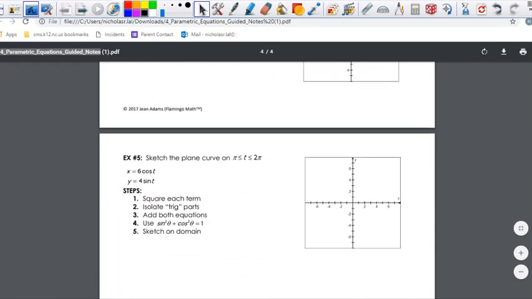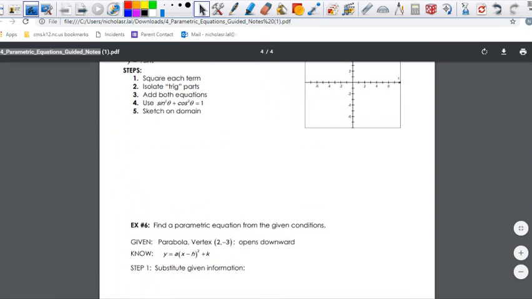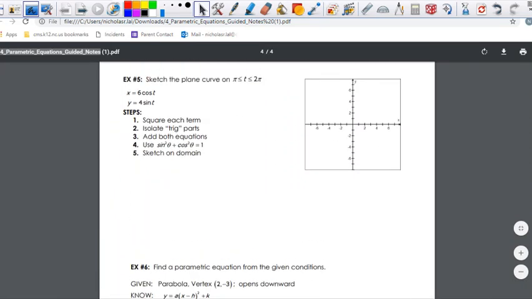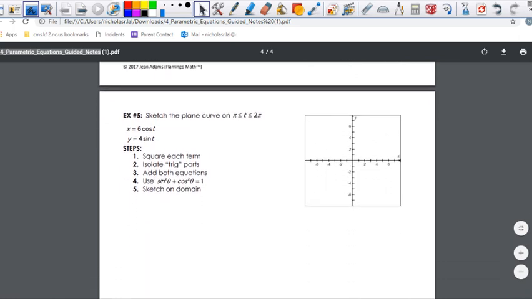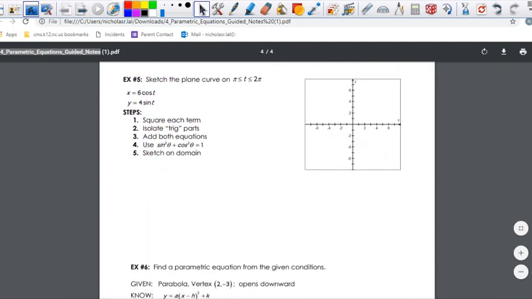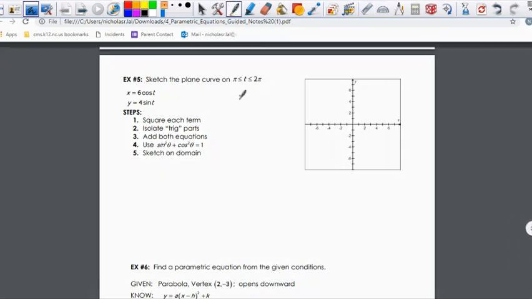Now we need to sketch the curve where t is in between pi and 2 pi. And so we need to square each term, isolate our trig parts, add both equations, and use sine squared of theta plus cosine squared of theta is equal to 1, and then sketch the domain.